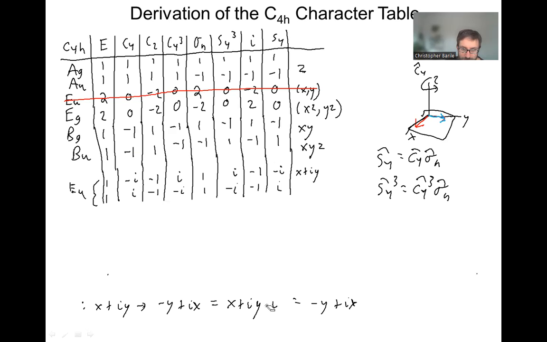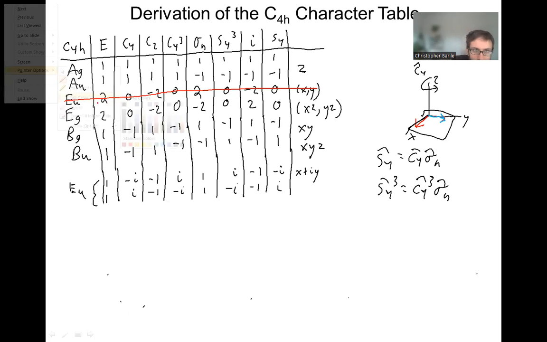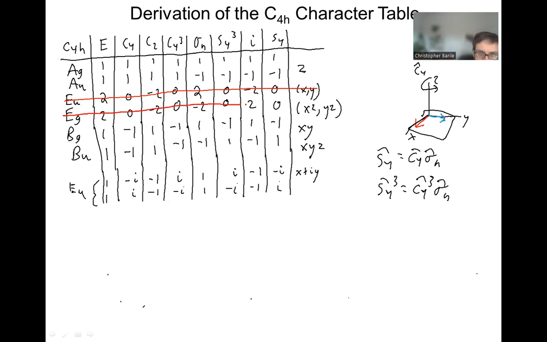And then what we'll do is we'll use an imaginary function that has xz and yz in it. So let's cross this one out. Instead, let's break this up into 1 and 1, the two components of E_g, into 1 and 1.